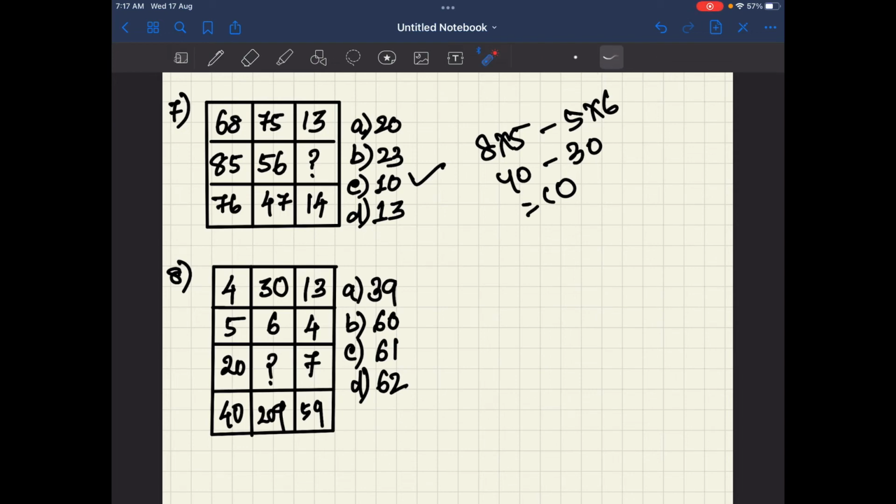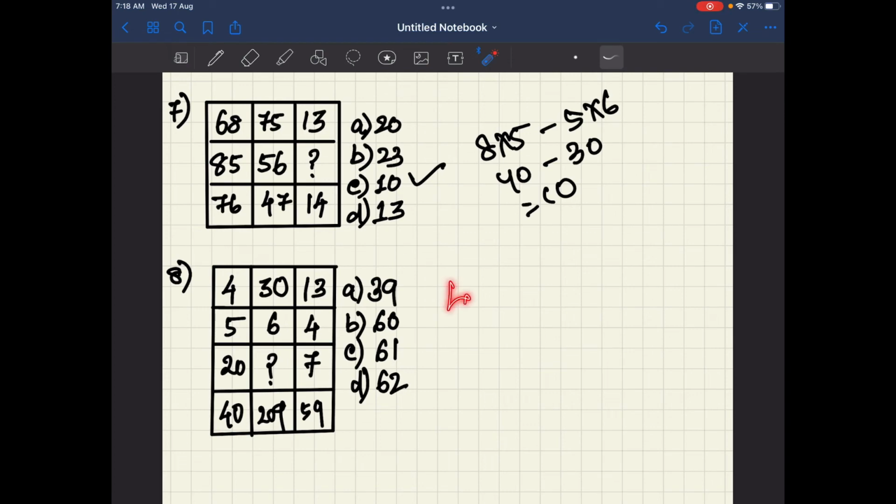Now coming to question number 8. 4, 30, 13, 5, 6, 4, 27. Here it is 40 and 209 and 59. So we can analyze that some operations are going on between these three columns, so that this row's first element is getting affected.